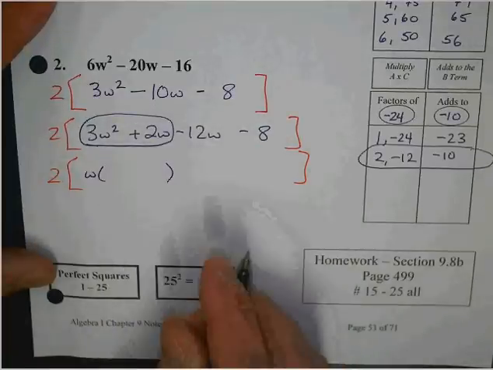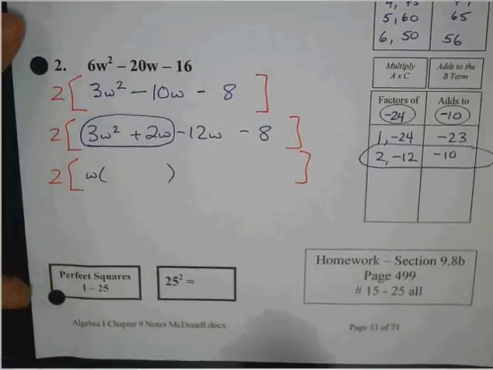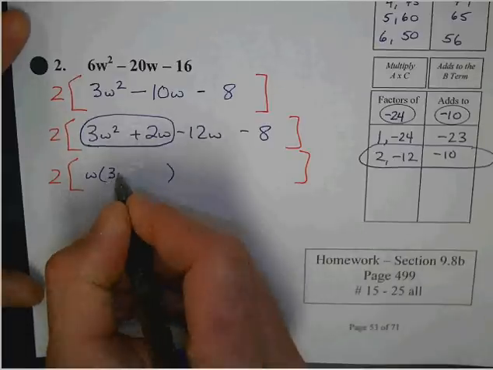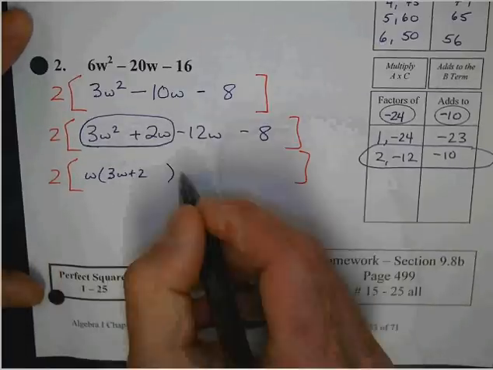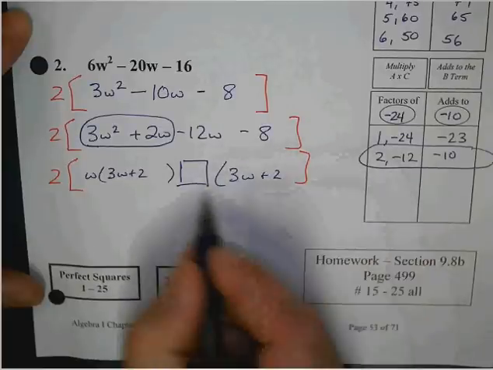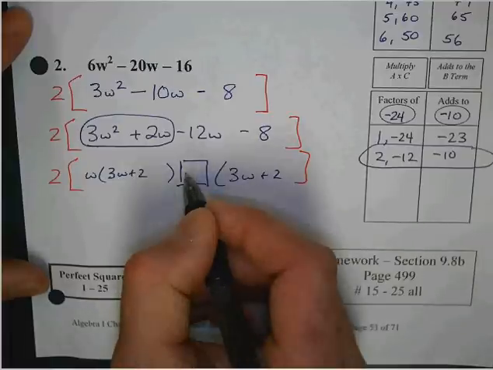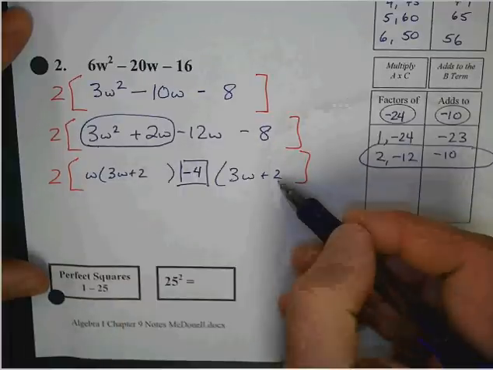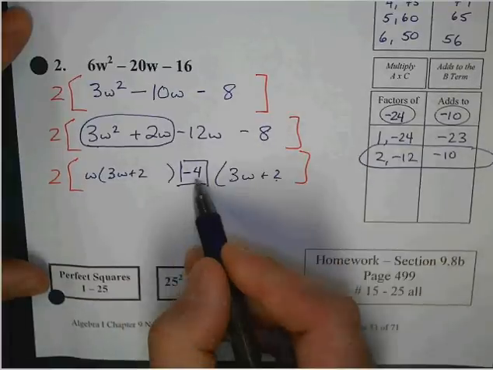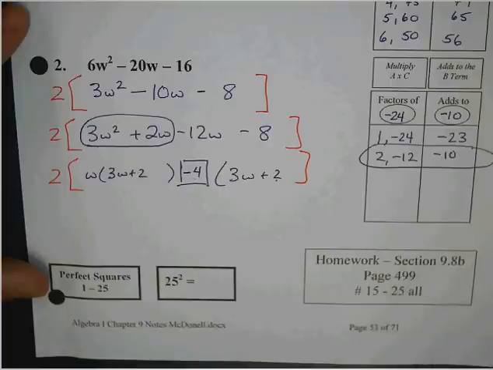When we take out a w, Haley or Justin, what's left? 3w plus 2. Big box, 3w plus 2. Justin, can you help me with the box? It would be minus 4. Well done. Let's check it. Minus 4 times positive 3, negative 12. So it checks.